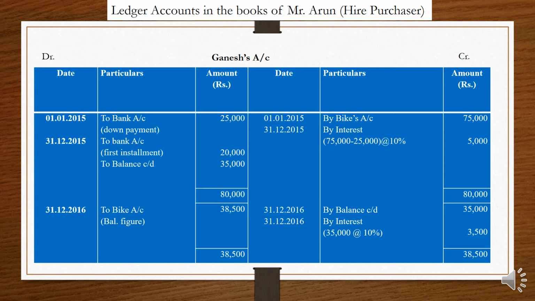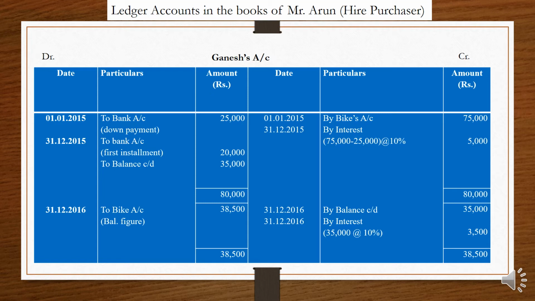Now on the same date, that is on 31/12/2015, the first installment is paid by Mr. Arun. So Ganesh is the receiver, Ganesh account is debited and bank account is credited with the first installment of 20,000. The balance of the Ganesh account for the first year is a credit balance of 35,000.